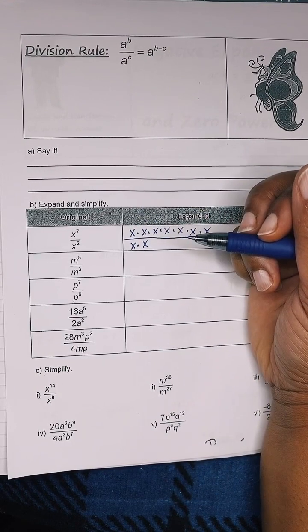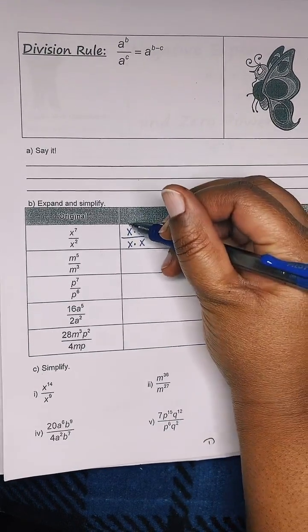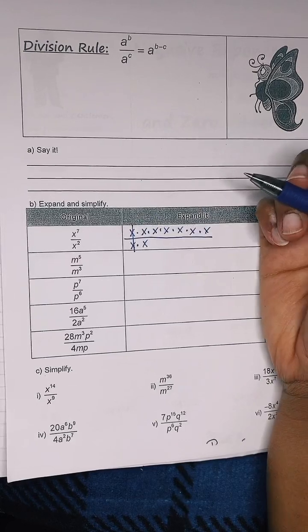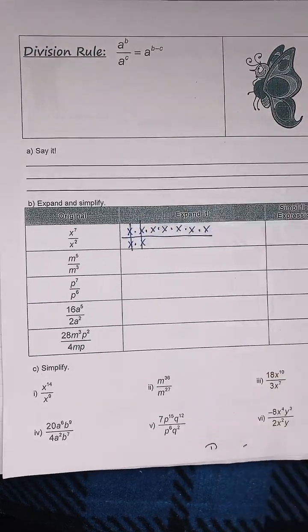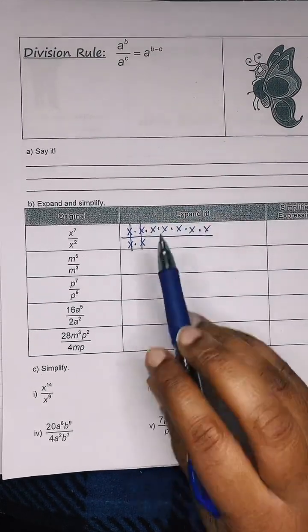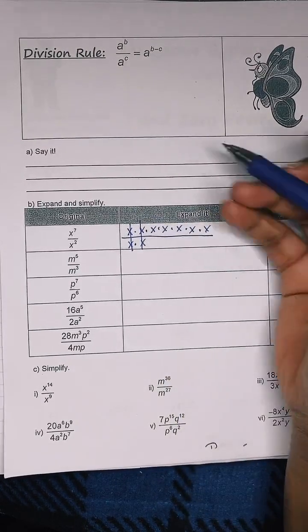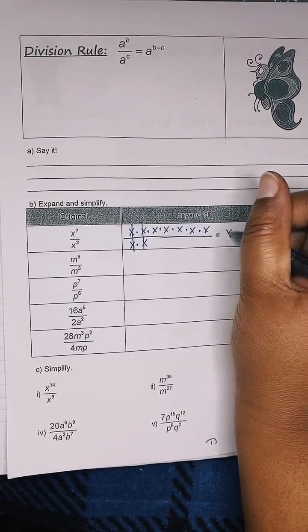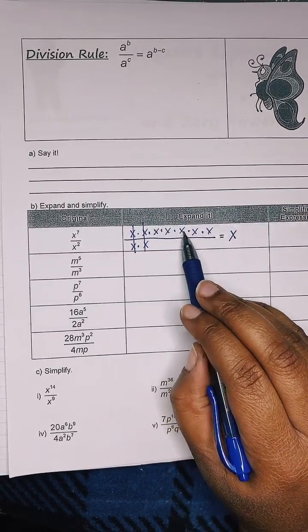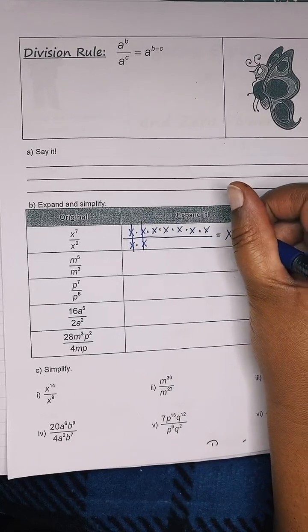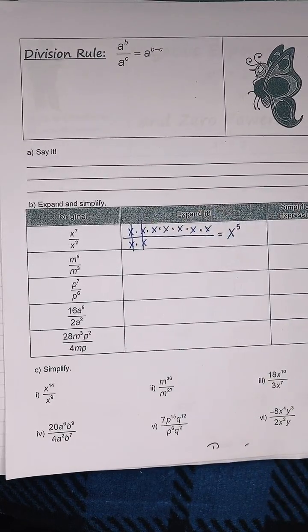Yes. X divided by x cancels to 1. So how many x's are we left with? We're left with x to the 1, 2, 3, 4, 5. And that's why we have x to the 5th.